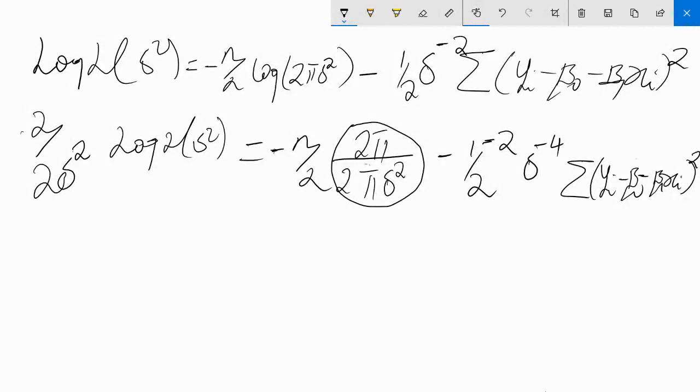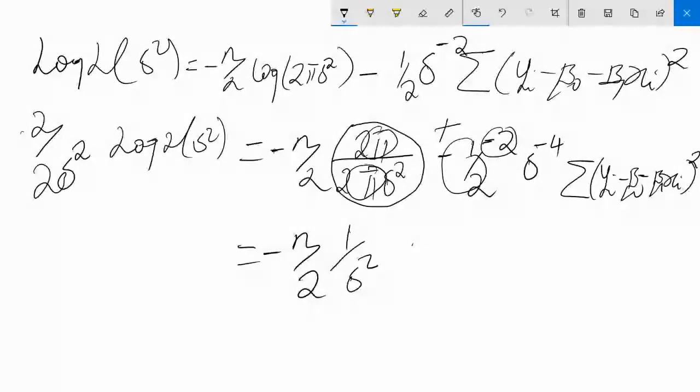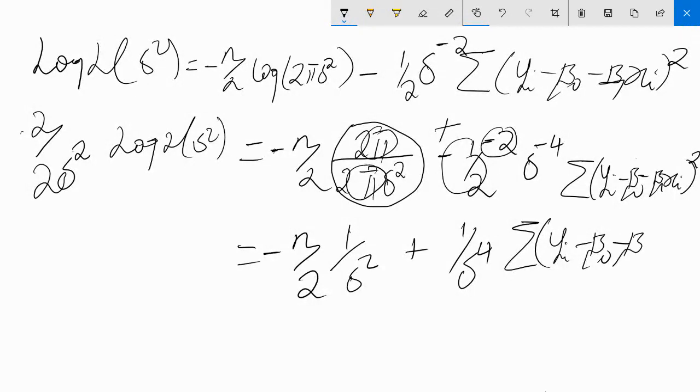So this part is clear. This negative 2 is going to cancel with this and we'll have a plus. And this 2 pi is going to cancel with this 2 pi. So we are going to have negative n over 2, 1 over sigma squared, plus, now I want to rewrite this as 1 over sigma to the power 4, summation of yi minus, squared.